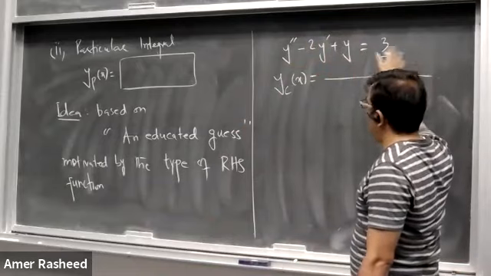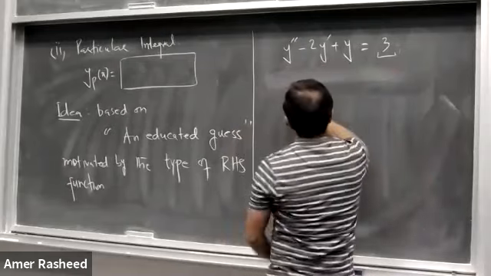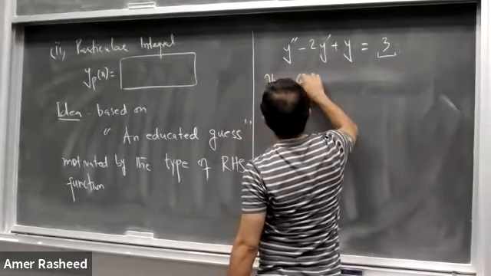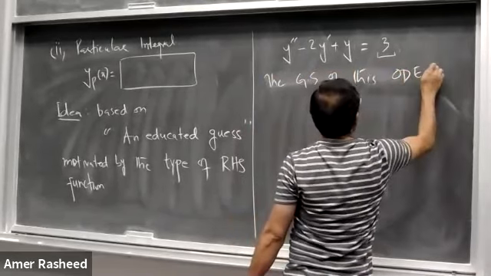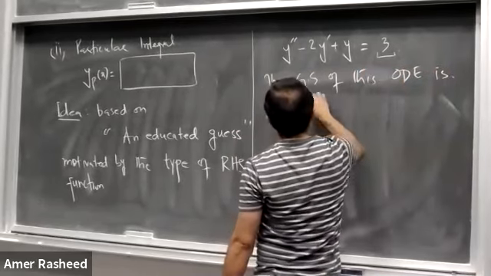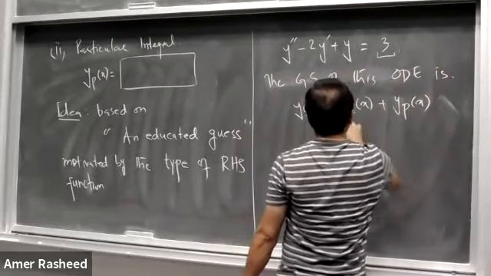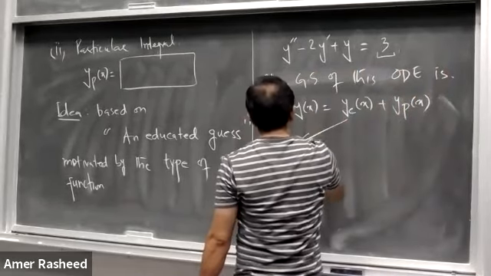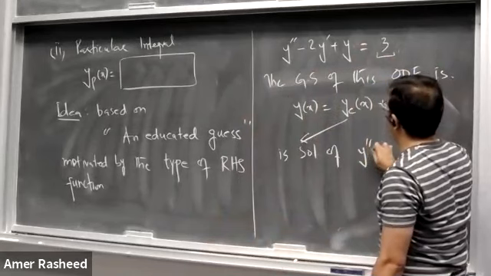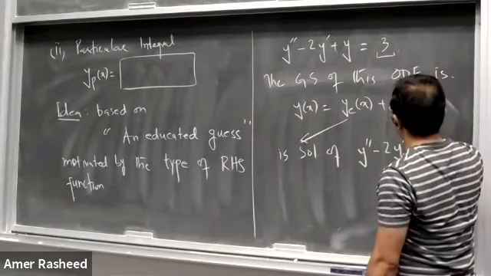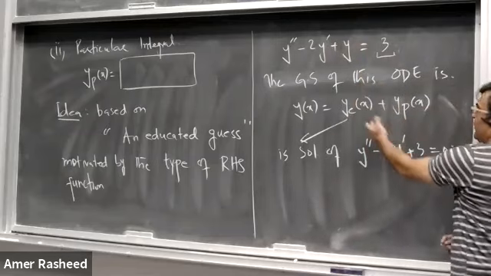In fact, the complementary function is the general solution of that equation. The general solution of this ODE is y of x, which is yc of x plus yp of x, where yc of x is the solution of the corresponding or associated homogeneous differential equation. We put this equation equal to 0 and we solve it, and we get the complementary function.